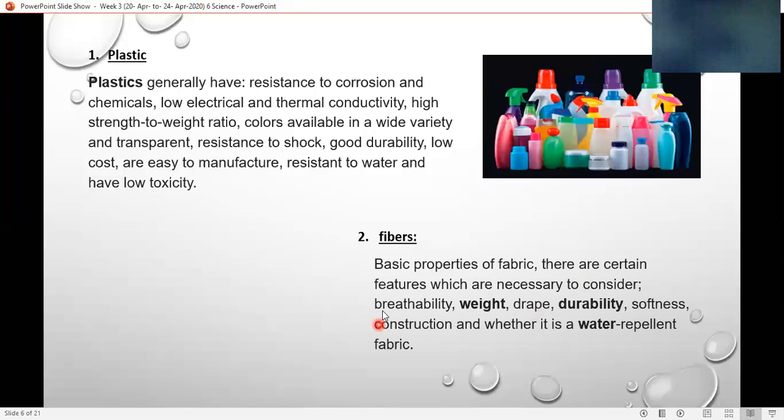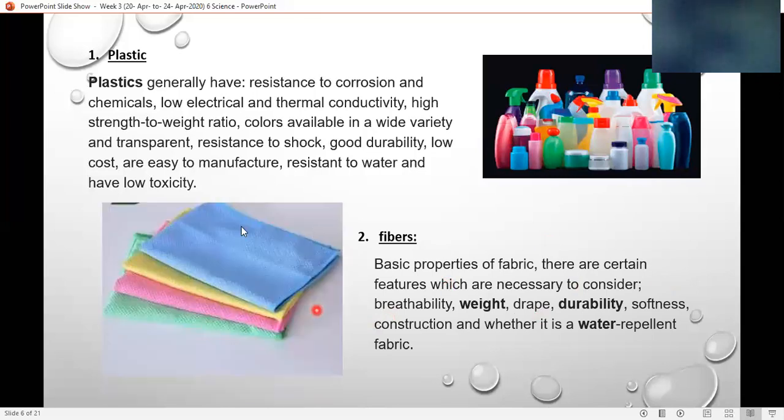Like plastic, they are kind of wires. You must have seen the fairy lights, where there are wires. These wires are basically fibers, and the clothes made of fiber are very soft and low in weight, right? But they are durable. We can use them again and again.